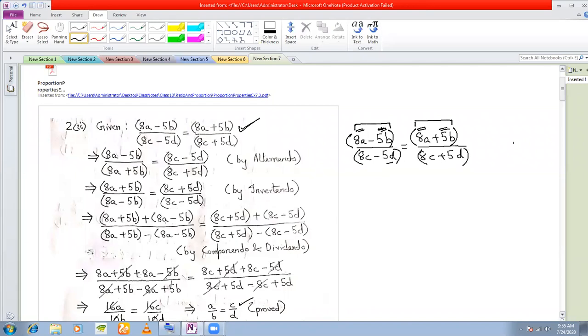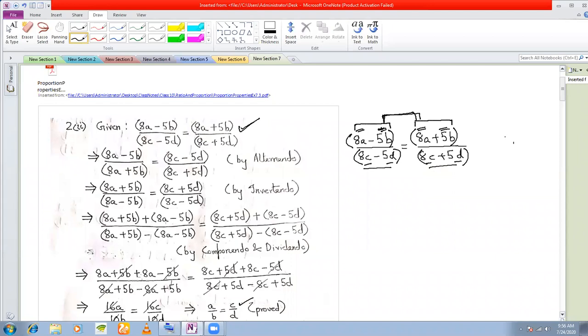If you add these two, this will cancel with this. If you subtract, this will cancel with this. That means adding these two and adding these two, you will get something in which something is cancelling. Subtracting these two also, something will cancel. Similarly for the denominator also.